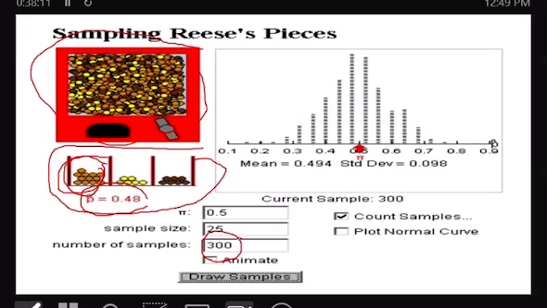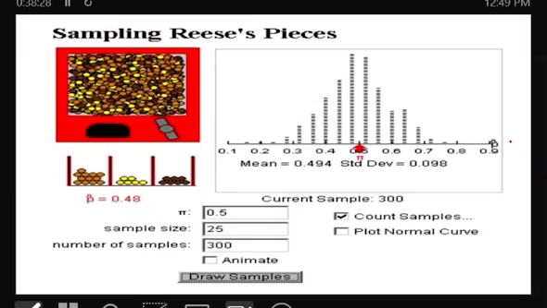Does that make sense? That is what we call a repeated sampling distribution. Now, the 300 people are going to have different proportions, which is what you see here.